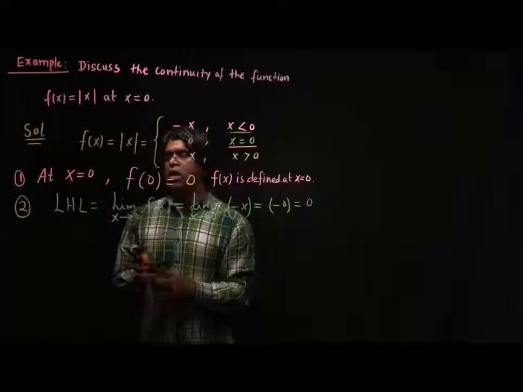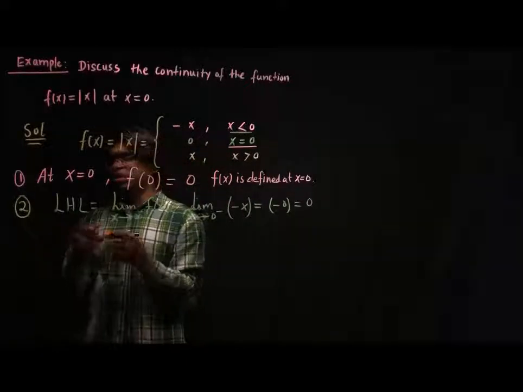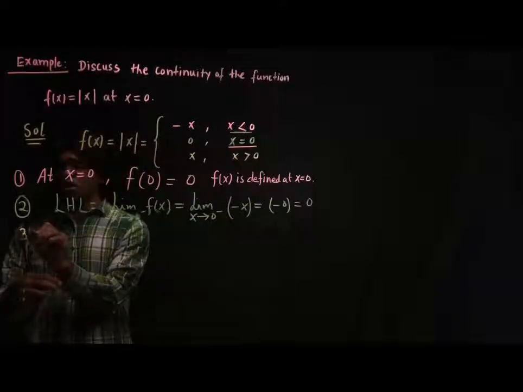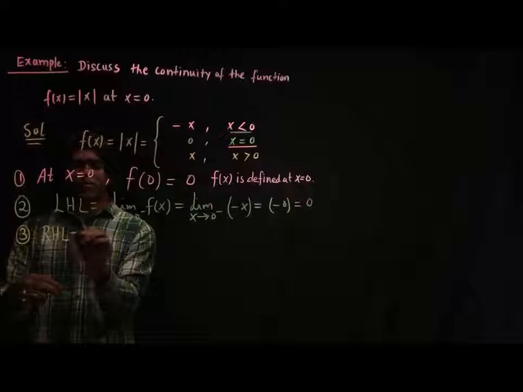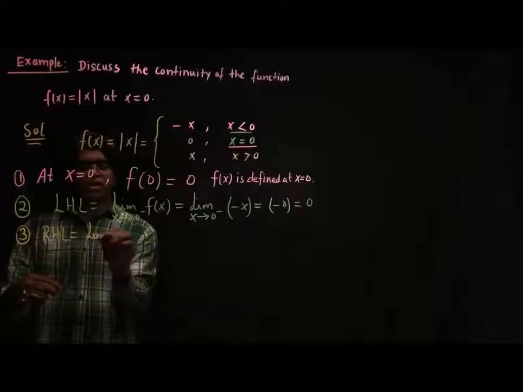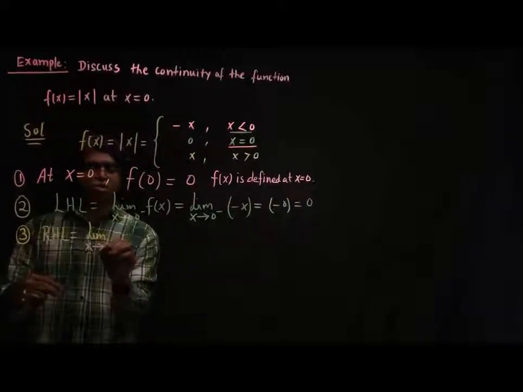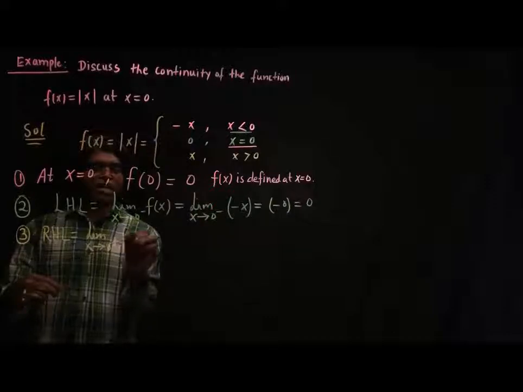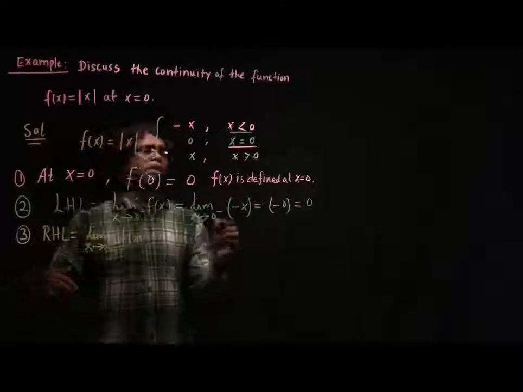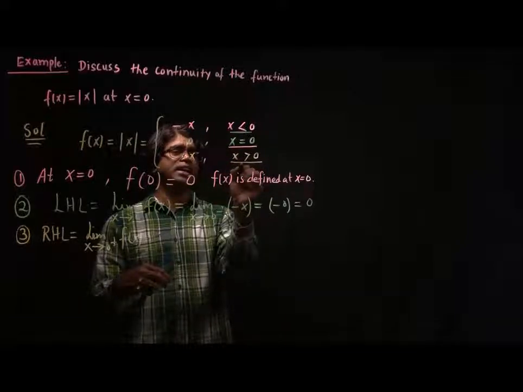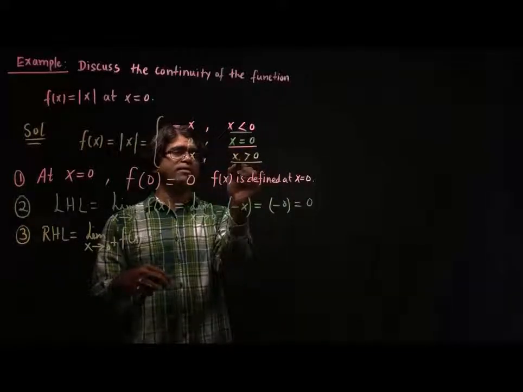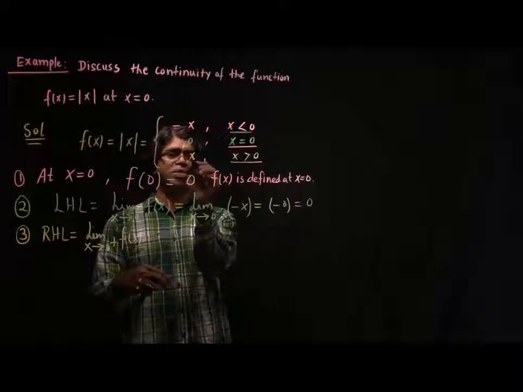Now, let's find the right-hand limit of the function. My right-hand limit of the function is the limit as x tends to 0 plus of f(x), right? And look at the function. This is the point where we will find the right-hand limit. For that point, when x is greater than 0, the function is x.